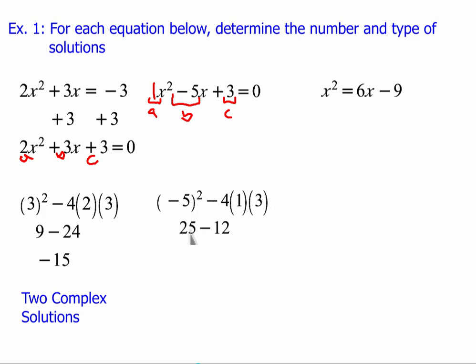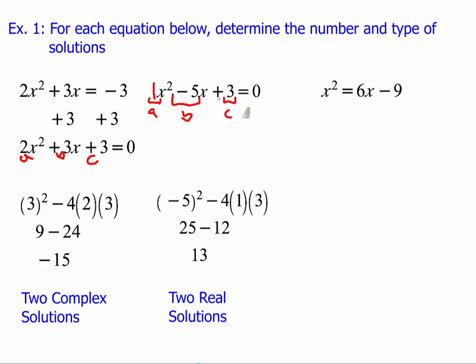Negative 5 squared is 25. 4 times 1 is 4, times 3 is 12. So this is 25 minus 12, and I get a discriminant of 13. 13 is a positive number, so I know that this has two real solutions.